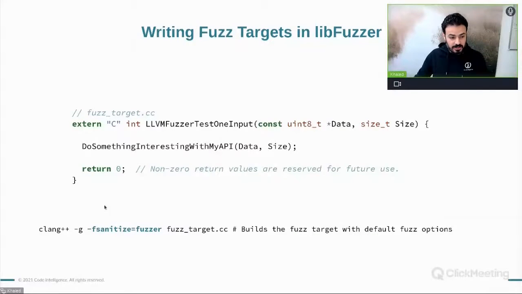What remains is that you compile the code with Clang, using the flag -fsanitize=fuzzer. This links in the fuzzer runtime, which provides the main function that actually calls this function in an endless loop and does all the coverage optimization.